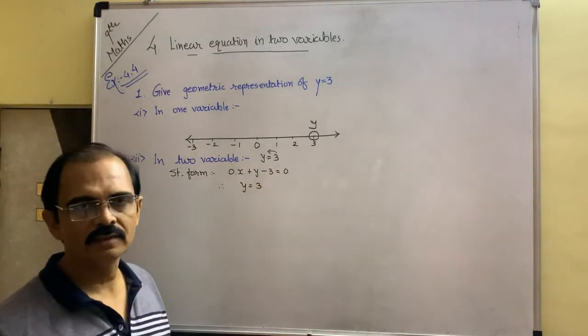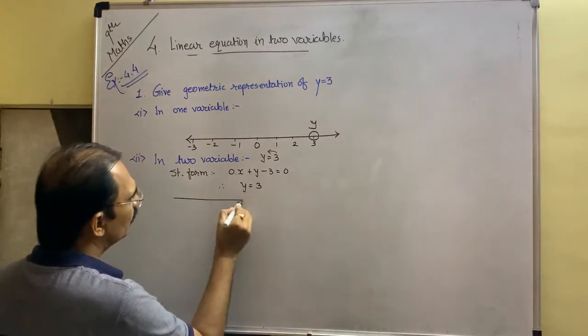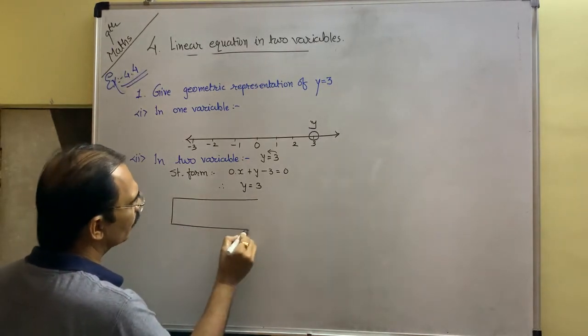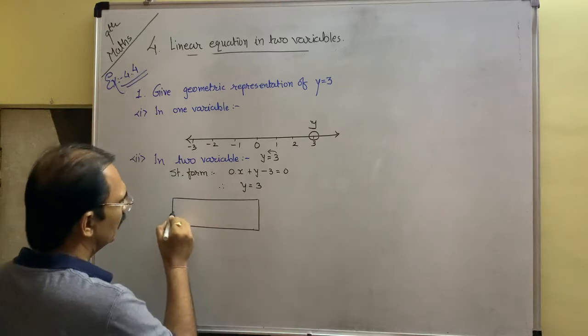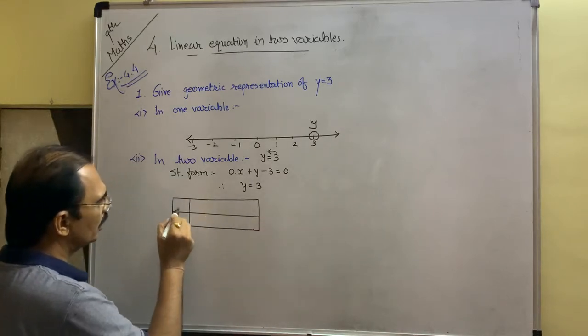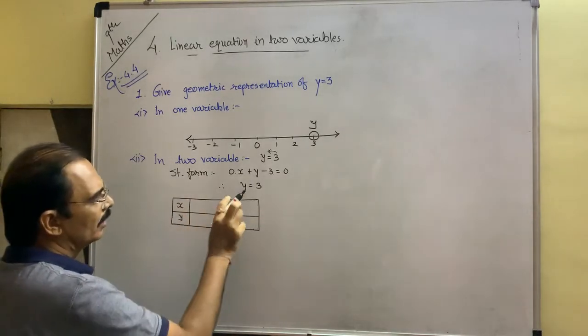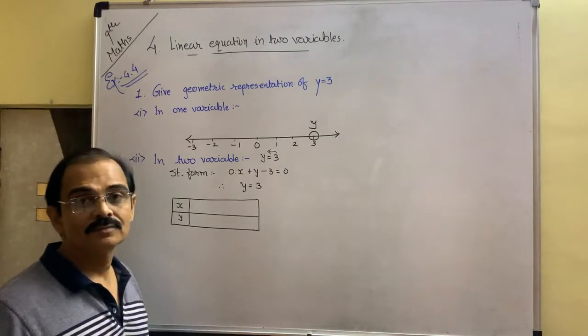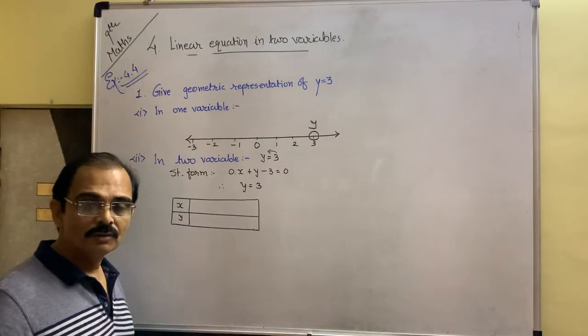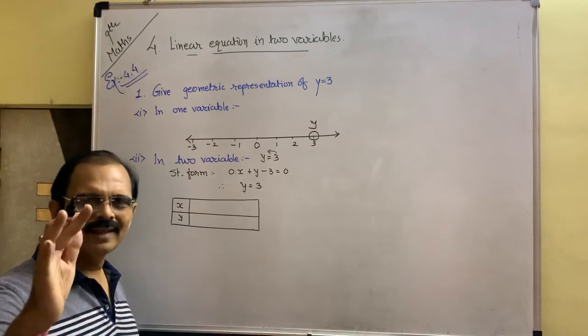Once again I take the right side, and from this y equal to 3, if you want to draw the graph, because two variables are there, for two variables we need what? X and y. See here, now x is not there. So you suppose x whatever you like.